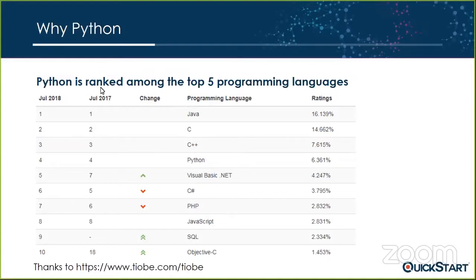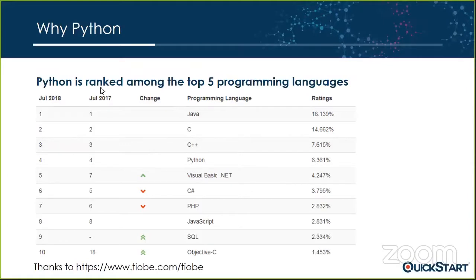This index is updated once each month, and the ratings are based on the number of skilled engineers available worldwide, the courses taken, and the third-party vendors creating libraries for Python. Popular search engines like Google, Bing, Yahoo, Wikipedia, Amazon, YouTube, all these different kinds of sources are used to calculate this rating.